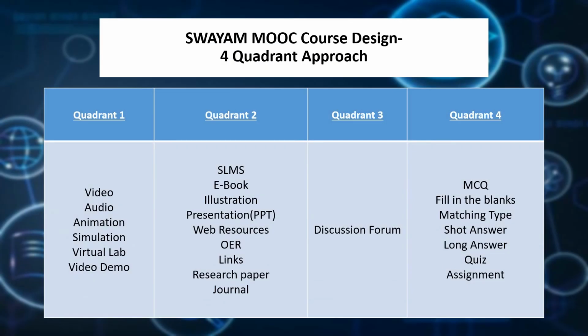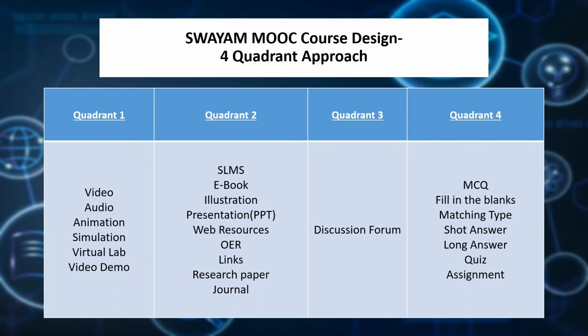Now, what technologies would we prepare? See, the SWAYAM course has a 4-quadrant approach. If you see in this video program, in this course also, we are providing you self-learning materials, e-books, e-text. So, this is the second quadrant of this SWAYAM program. In quadrant 1, you are seeing video, audio, etc. That is why you are seeing some video programs.